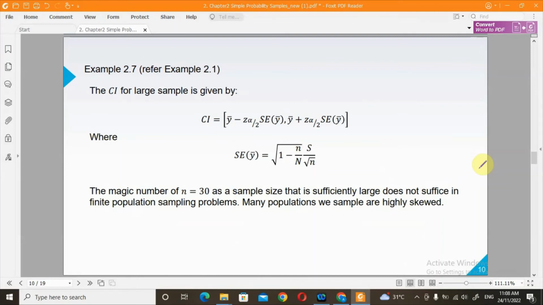In an introductory statistics class, we rely largely on asymptotic results, as the sample size goes to infinity, to construct confidence intervals for an unknown mean score.